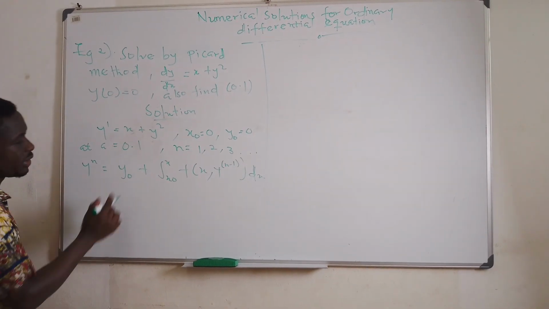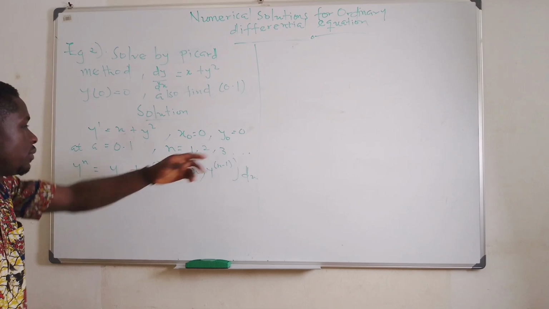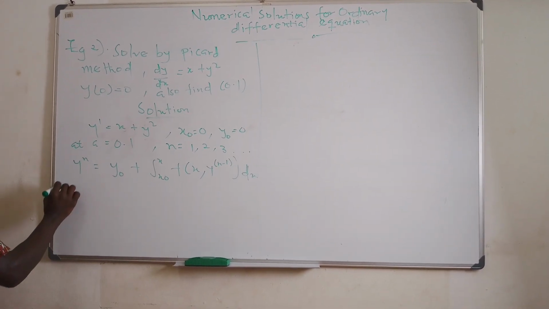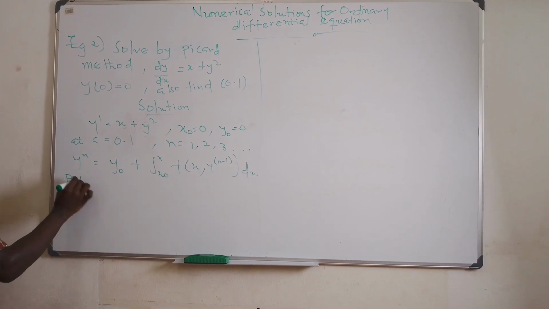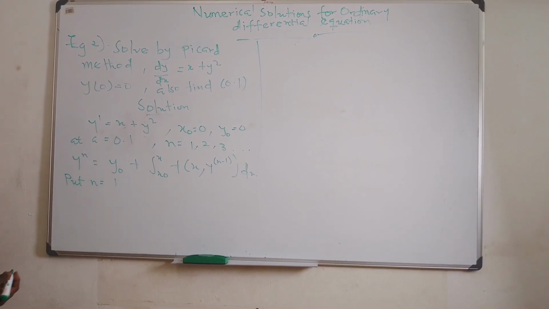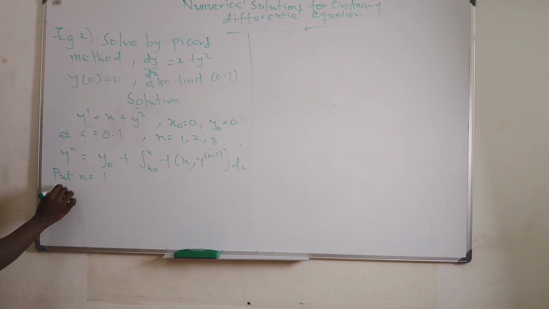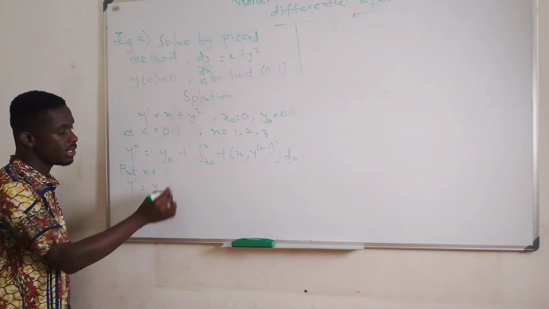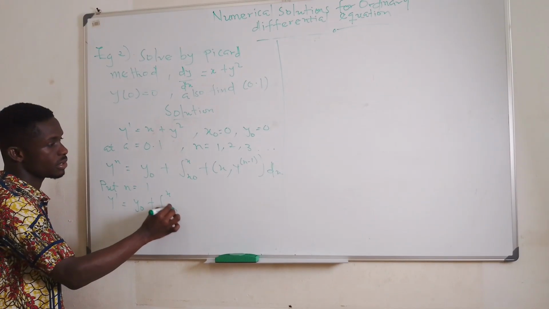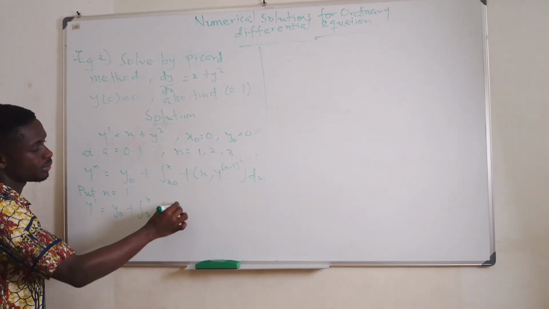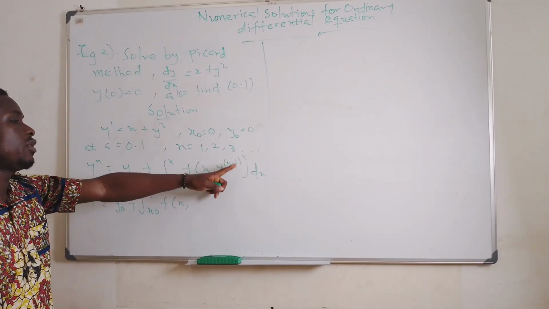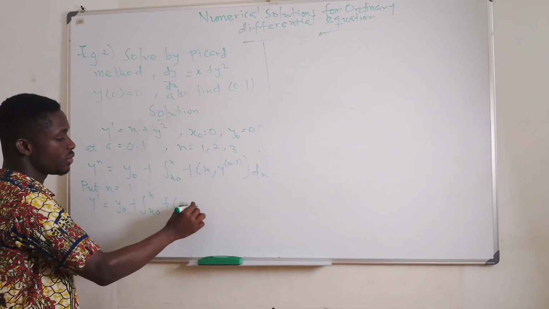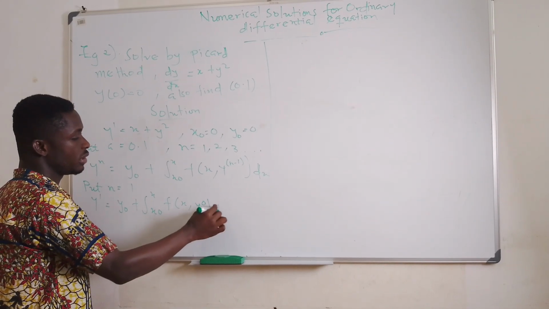We know our y naught already. The y naught is 0. So let's proceed. Put n equals 1. We have y 1 equals y naught plus the integral from x naught of the function f of x, y of n minus 1, so y of 1 minus 1, which is y 0, dx.